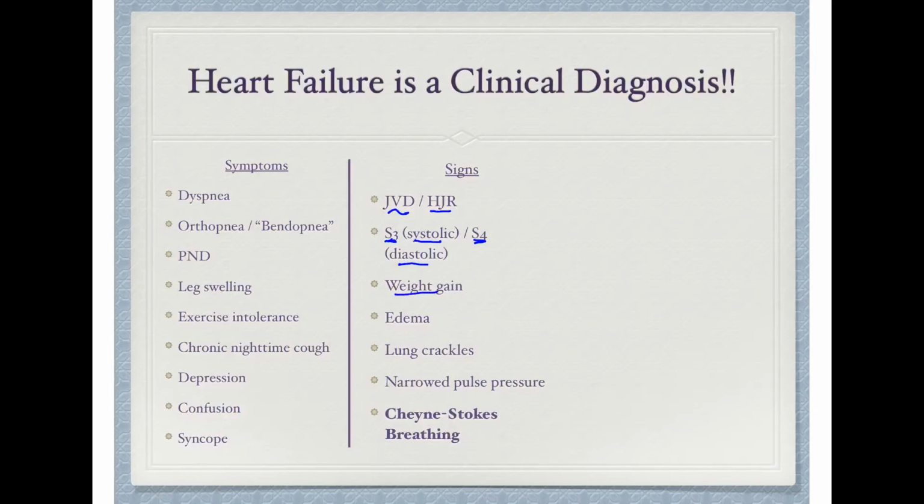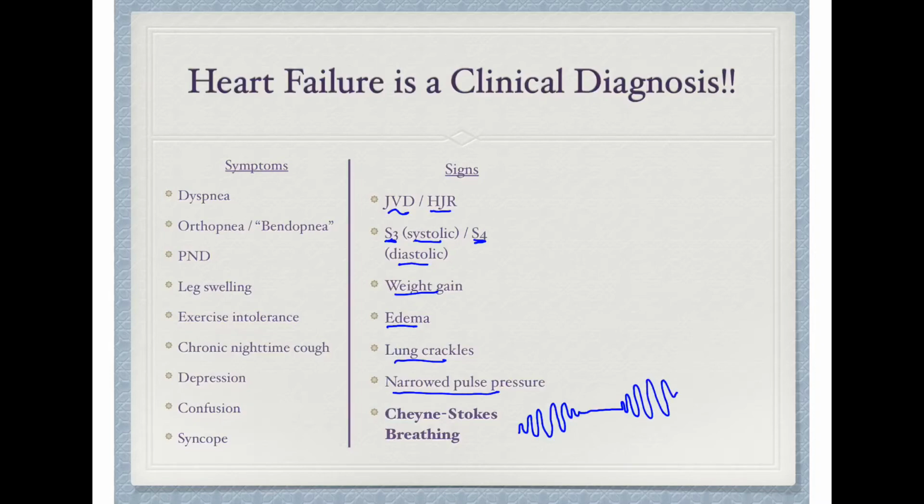Looking at the patient's weight and noticing significant weight gain, appreciating peripheral edema, listening for lung crackles, noticing a narrowing of the pulse pressure, the difference between the systolic and diastolic pressures, and looking for the phenomenon of Cheyne-Stokes breathing, which is the phenomenon of progressive hyperventilation followed by periods of apnea, alternating again with hyperventilation.